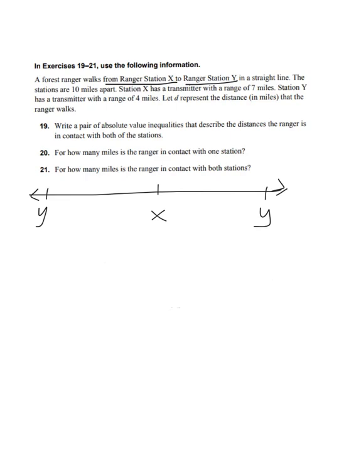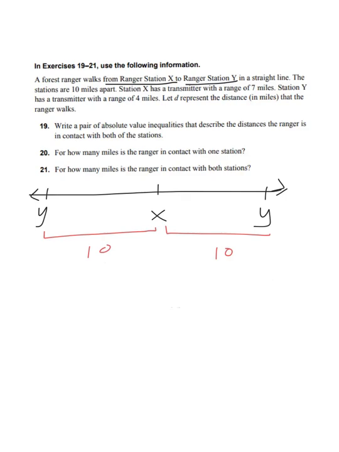So therefore, the distance between those two stations can honestly be 10 miles left or 10 miles right. It all depends. So again, this is based on solving for absolute value equations. So this is the setup of it.